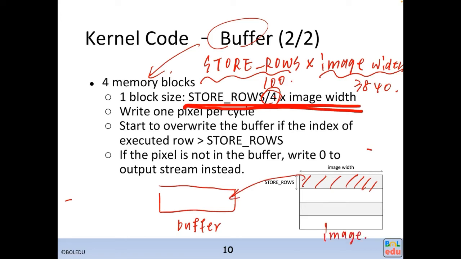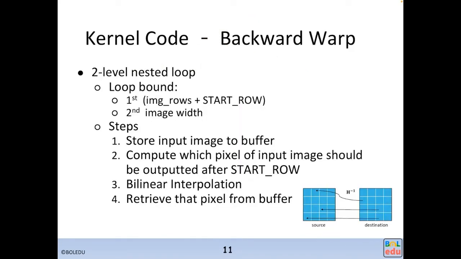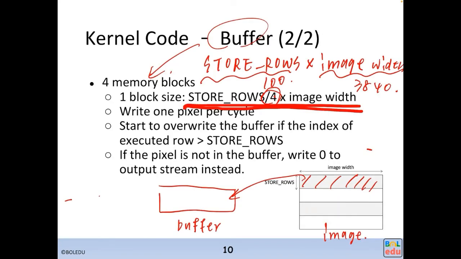After we write this block, if we want to read this block, then we need to override the original value in the buffer. And if the pixel we need to take is not in the buffer, we write 0 to the output stream instead.